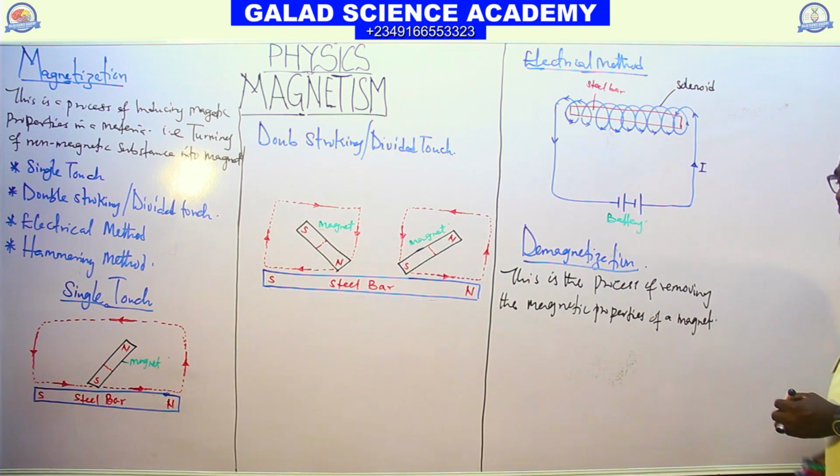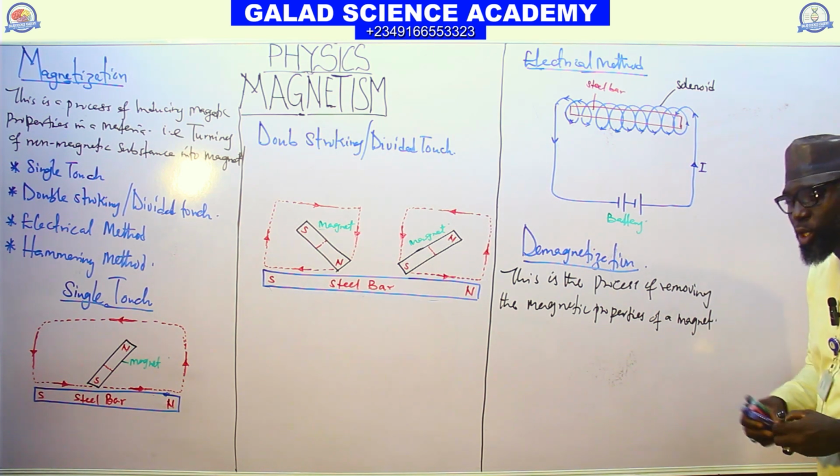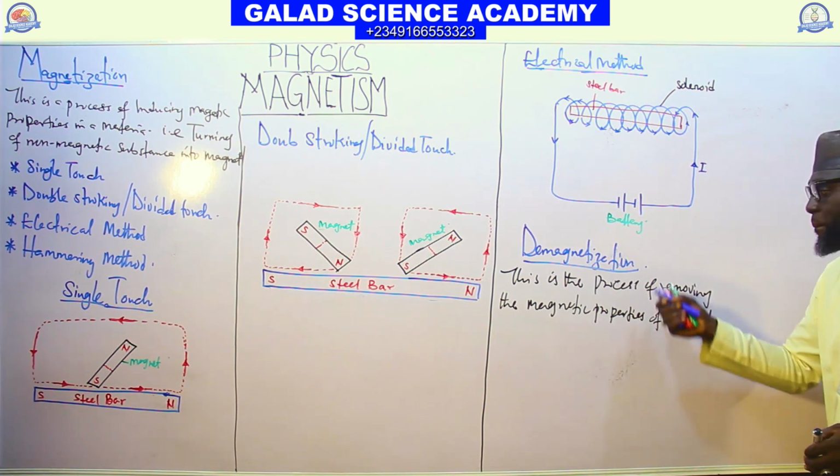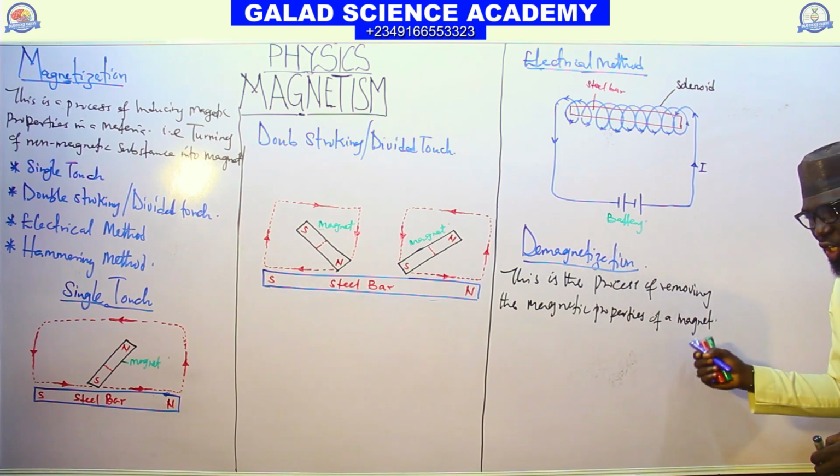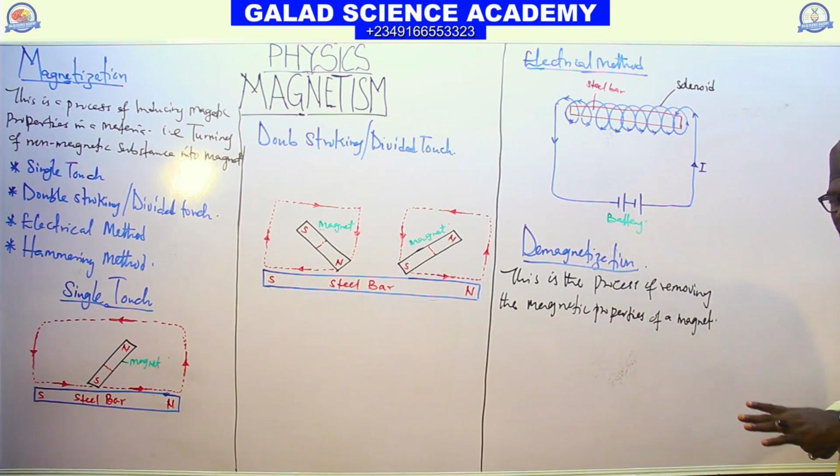The process of removing magnetic properties of the magnet is called demagnetization.